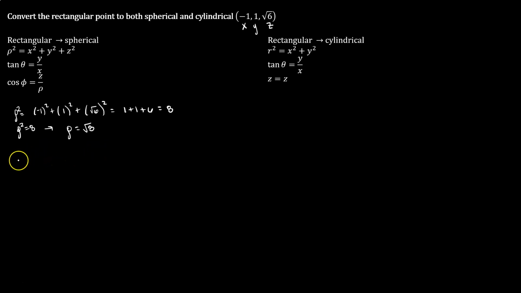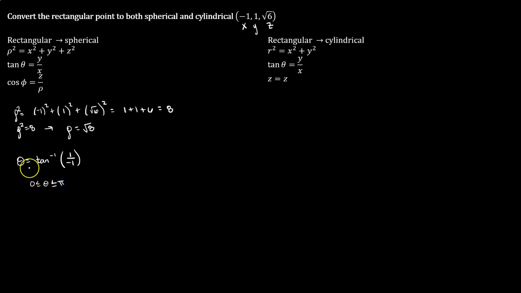Next we'll find theta by using tangent theta equals y over x. So that means theta is inverse tangent of y, which is 1, over x, which is -1. And we have to remember which quadrant this would put us in. So if theta is in the polar plane, x is negative, y is positive, that's like quadrant 2. So our angle needs to be between 0 and pi.